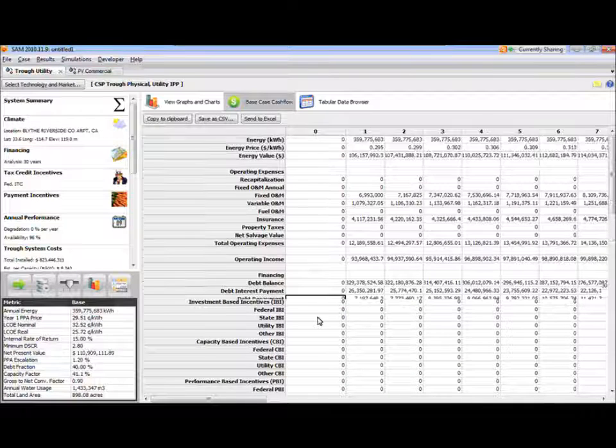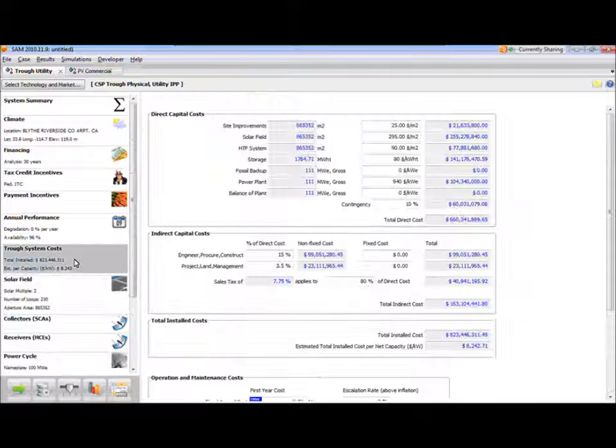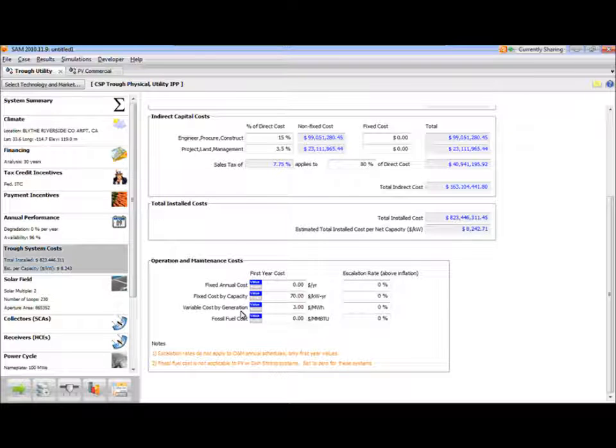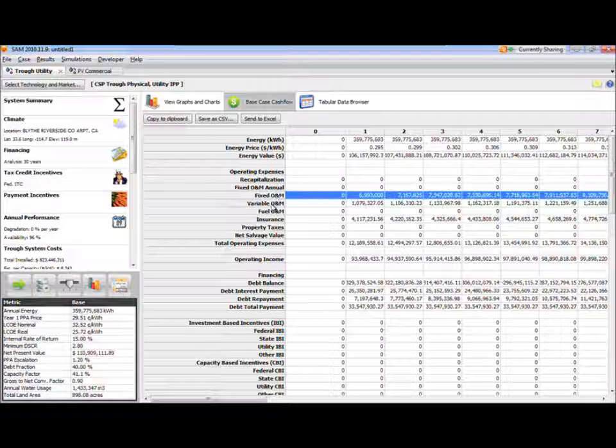If we look at the O&M costs here, remember on the cost page we have 4 categories of O&M costs: fixed annual, fixed by capacity, variable by generation, and fuel. And if we look in the cash flow table, we can actually see what those amounts turn out to be on an annual basis.